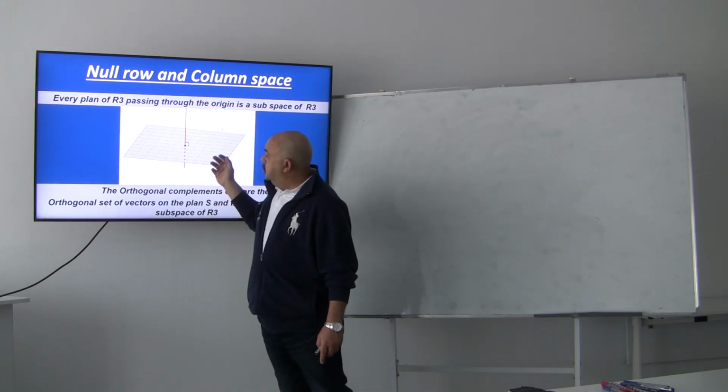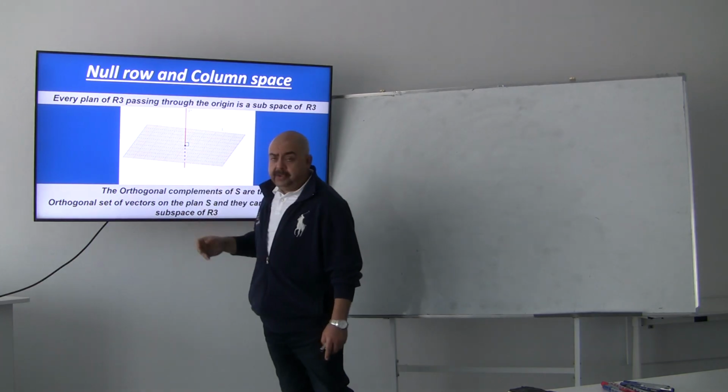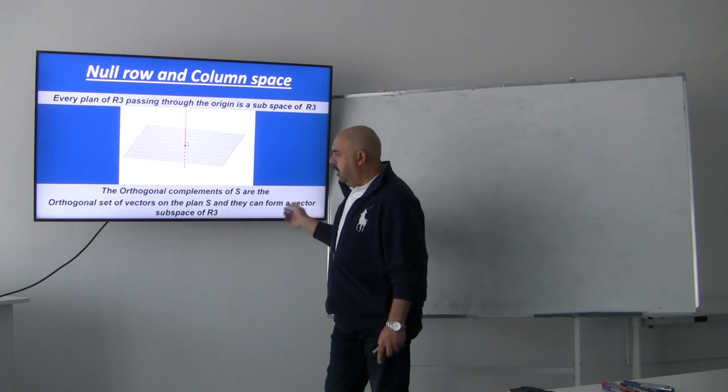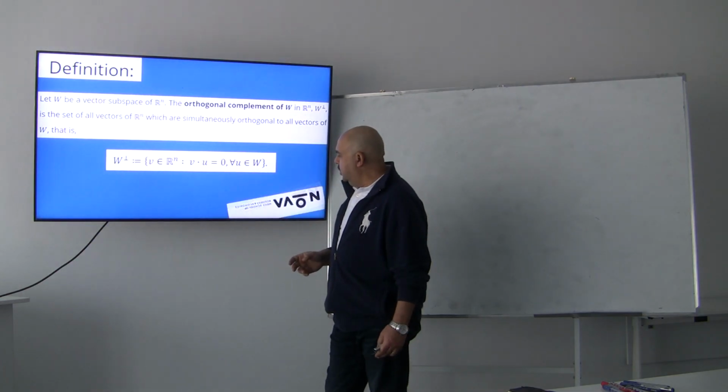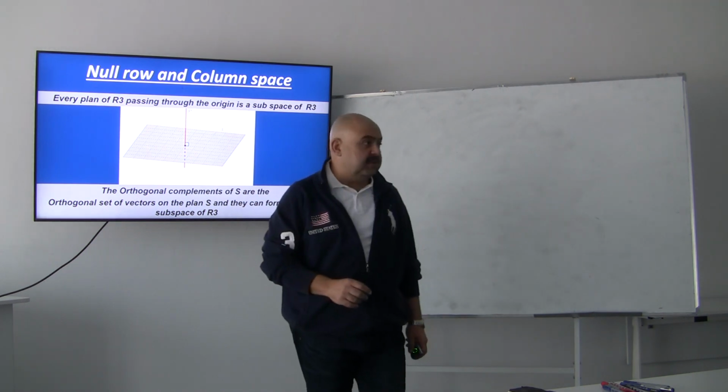So you now have each subspace that passes through the origin, and the orthogonal complement of S is the orthogonal set of vectors in the plane. They can also form a vector space.